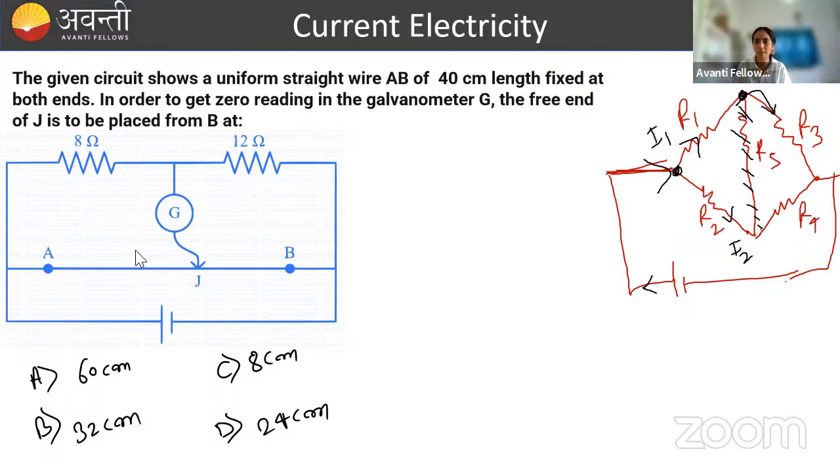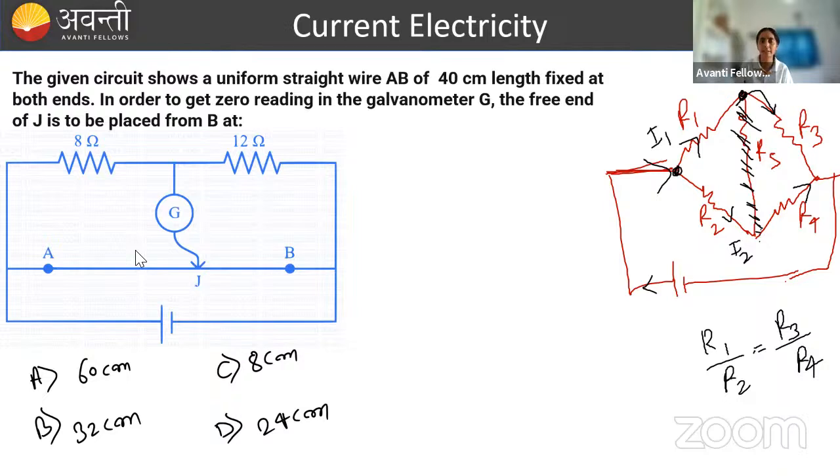And here also similarly, I2 will go in R4, not along R3. So in a balanced Wheatstone bridge, there will be no current in this arm. And in that case, you can easily prove R1 by R2 will be equal to R3 by R4. This is the case of a balanced Wheatstone bridge.